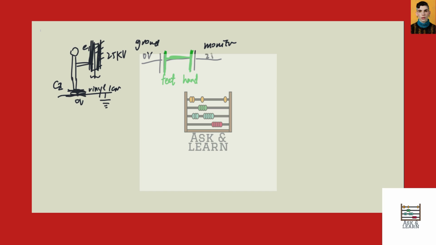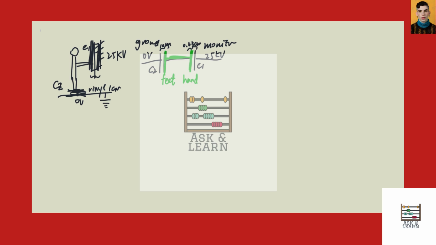And this is 0 volt on the ground. We have 25 kilovolt on the monitor. A couple of things we know. We know this is 1 centimeter. This is 0.63 centimeter. And we figure out what is the voltage of the student relative to the ground.